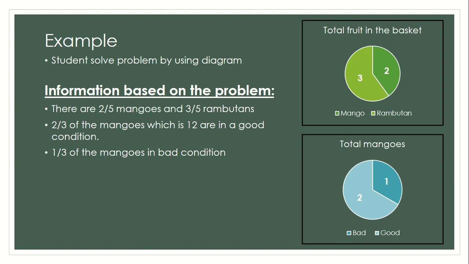Also, 2/3 of the mangoes, which is 12, are in good condition. So we can conclude that 1/3 of the mangoes are in bad condition. I have drawn the diagram as pie charts. The first one is the total fruit in the basket, and the second one is the total mangoes.